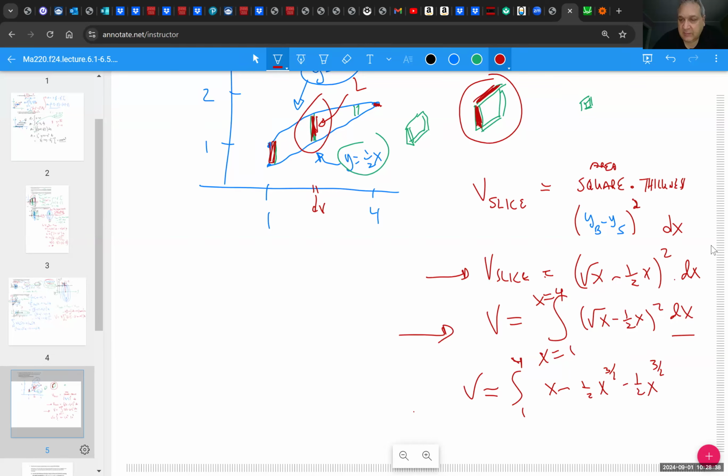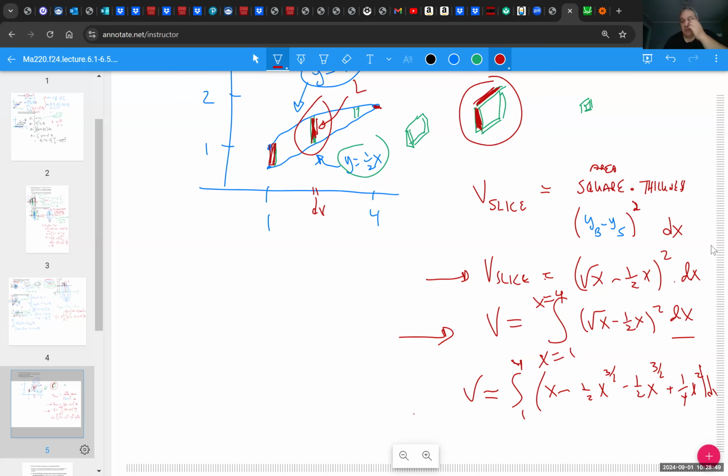And then 1/2 x times 1/2 x is 1/4 x squared. You can double check my algebra. I think this is correct. So all that stuff there times dx. Find the antiderivative of each one, plug in 4, plug in 1, subtract, get your calculator out. Hopefully you don't make any mistakes. Get your answer, and you have done this problem.